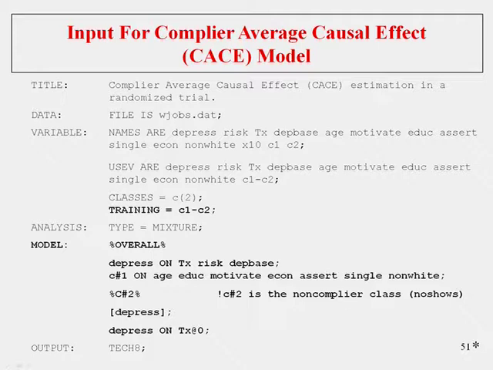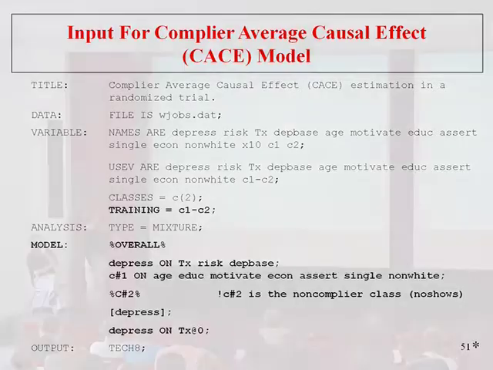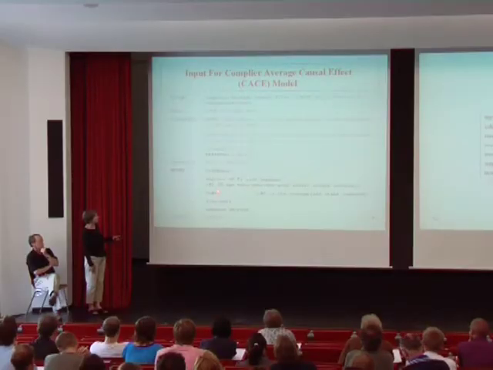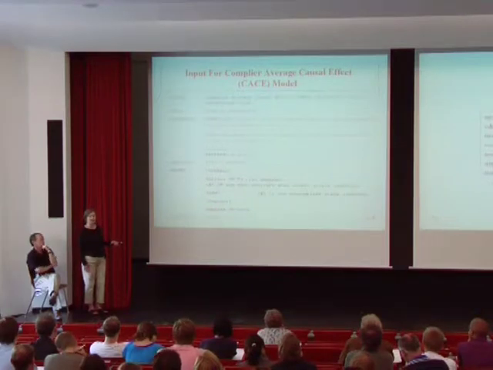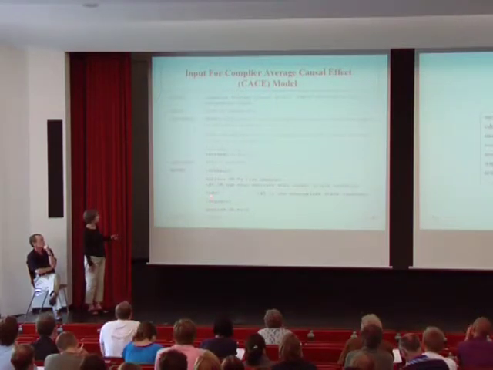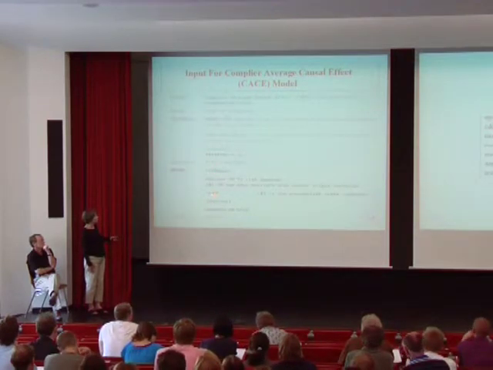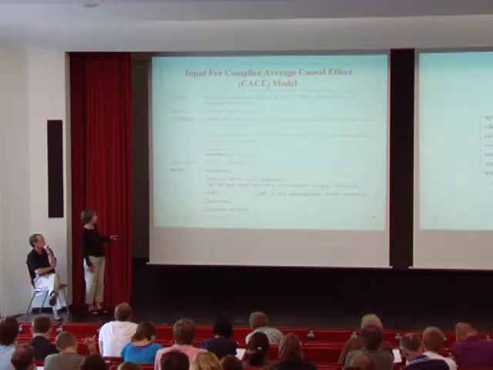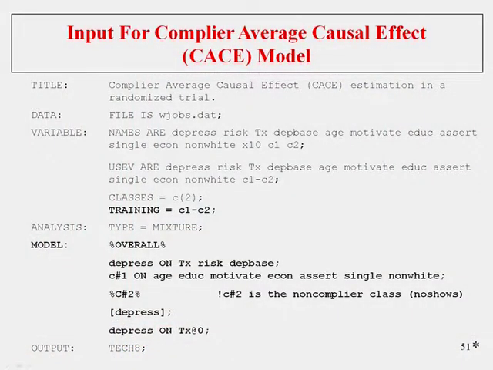So for example, percent C number sign 2 percent is saying that the statements following that are going to be class-specific statements for class 2. The C here is the name of the categorical latent variable. The number sign is just the number of the class, and 2 means class 2. So percent C number sign 1 percent would mean that the statements following are about class 1. So the model command is basically the most important part because it specifies the model to be estimated.